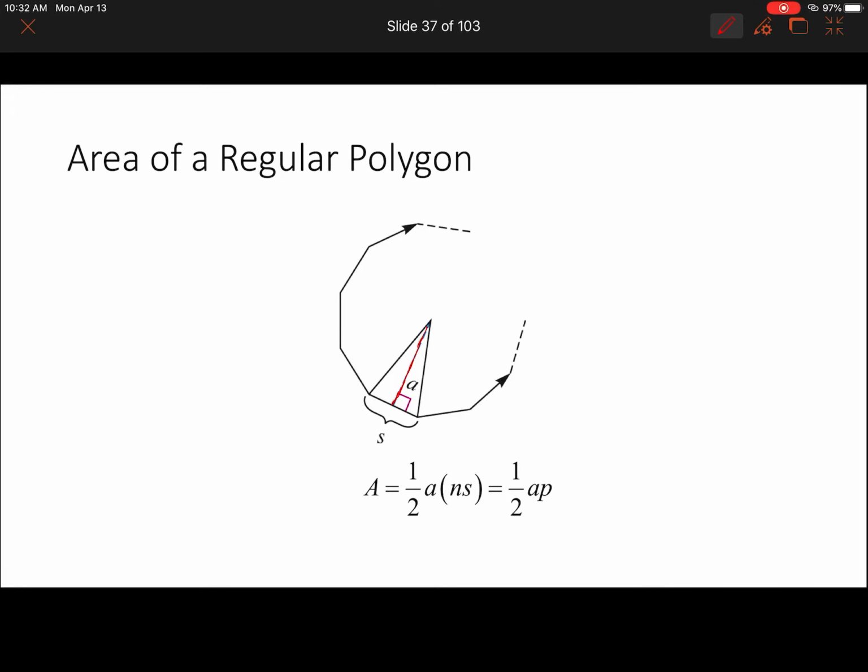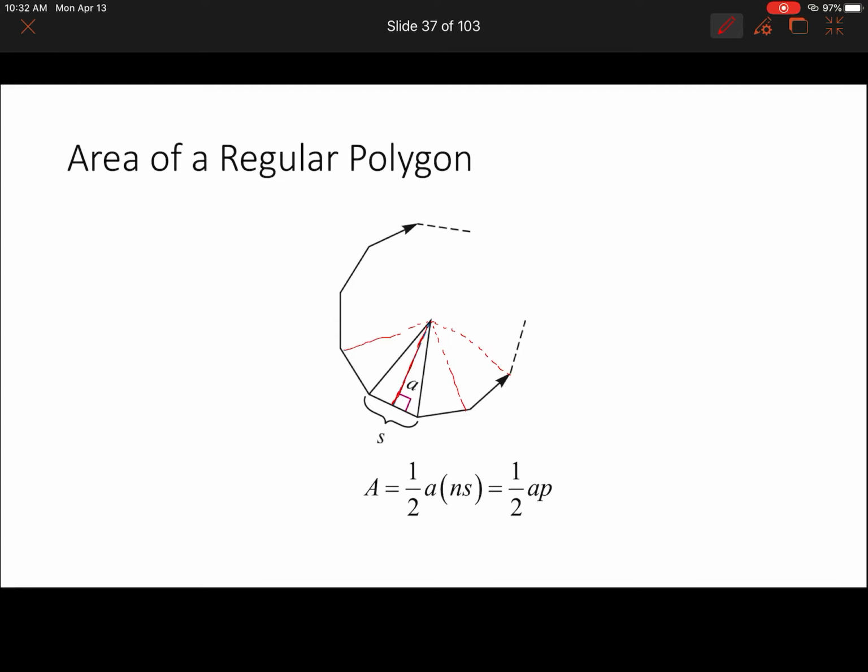Okay, so think about this. We're really finding the area of a bunch of triangles. Right? That's all we're really doing as we find this area. So we need to find the area of one triangle. And so it's 1/2 that area.